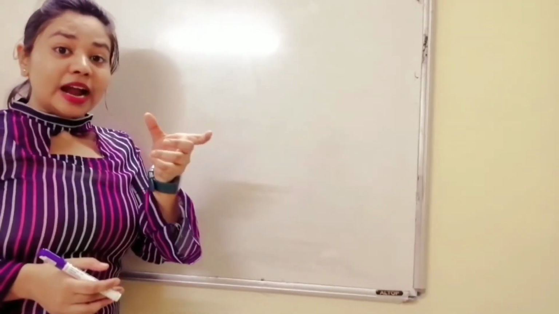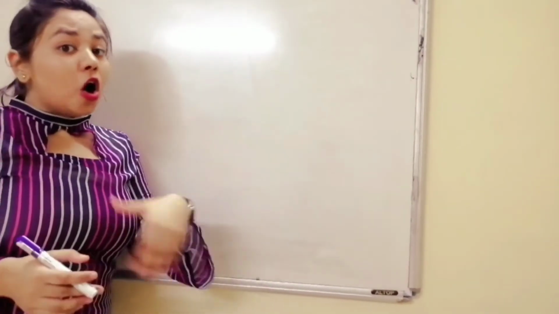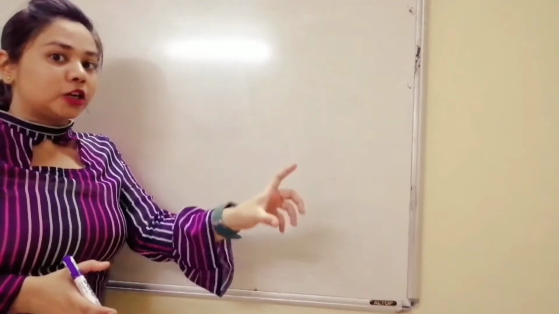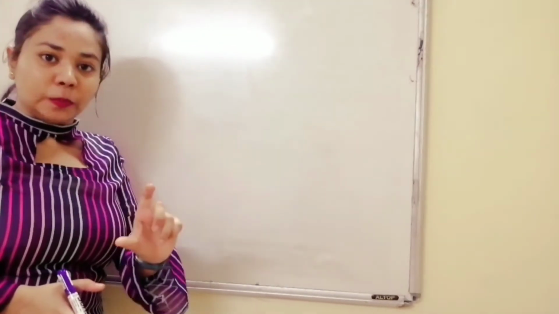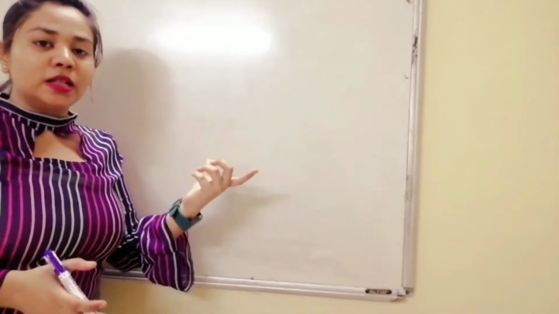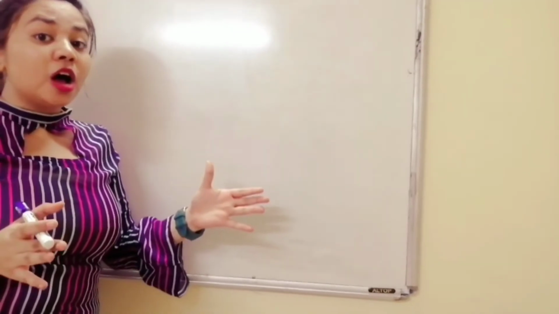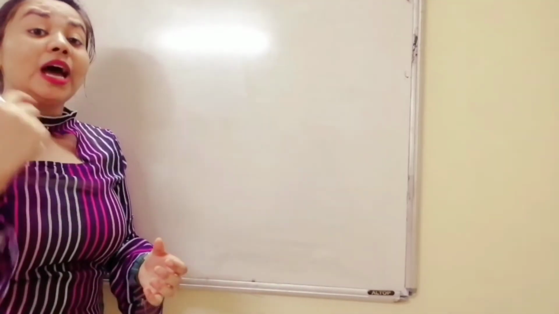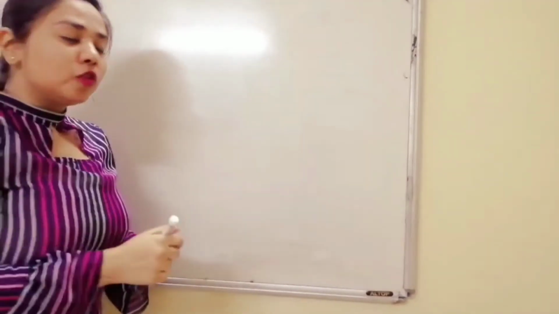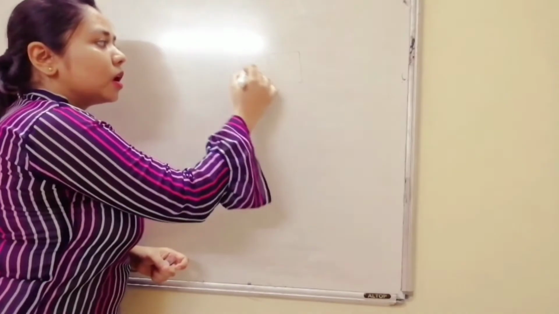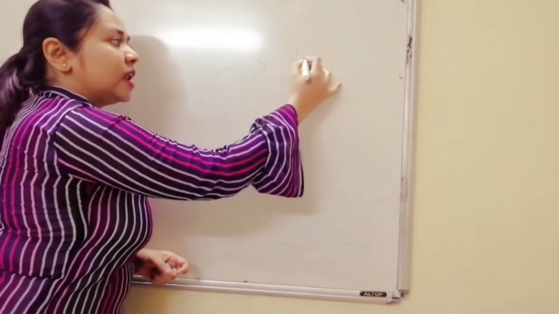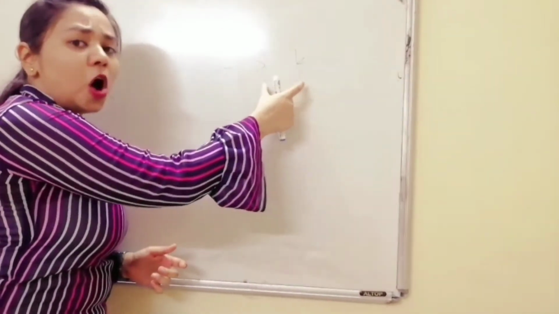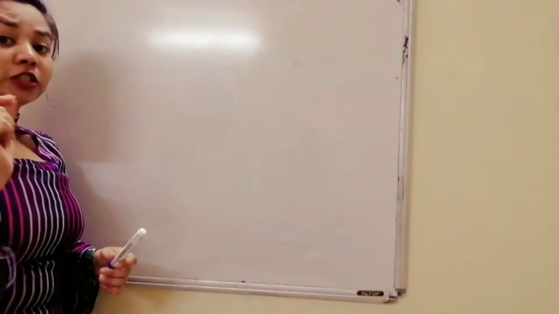If the force is not unbalanced, there will be no change in the position of the object. If I am applying force in this direction as well as in this direction, there will be no change in the position of the object. So remember, unbalanced force is very, very important.